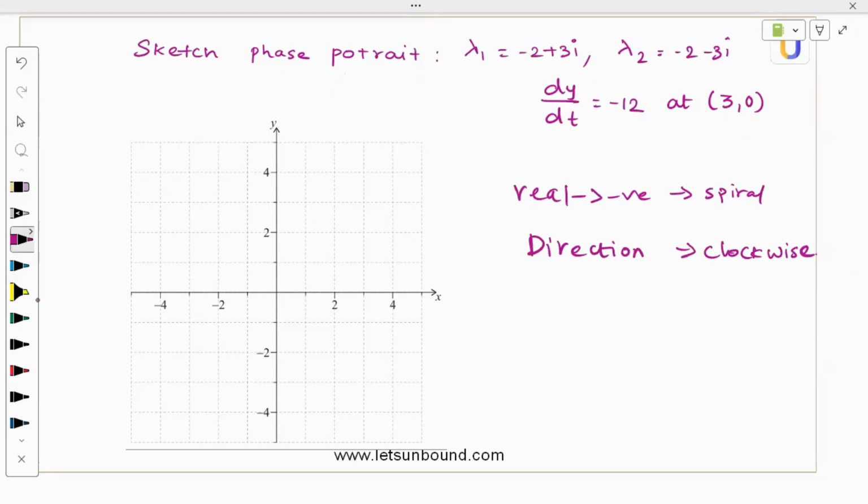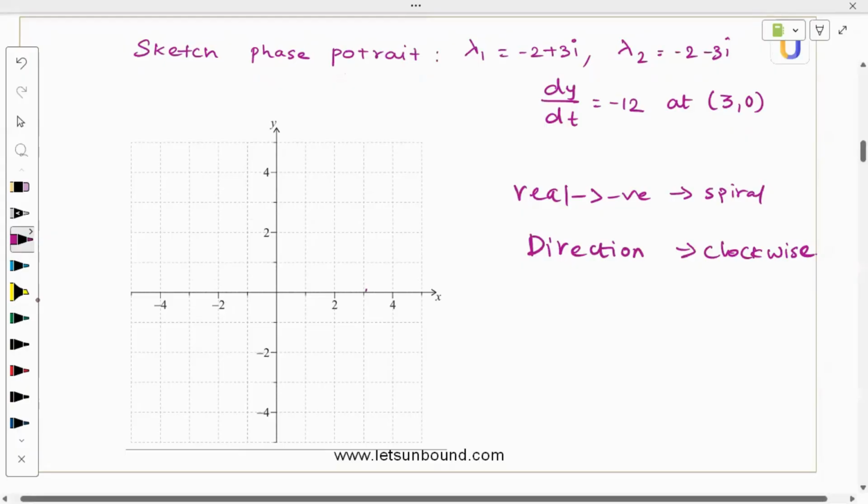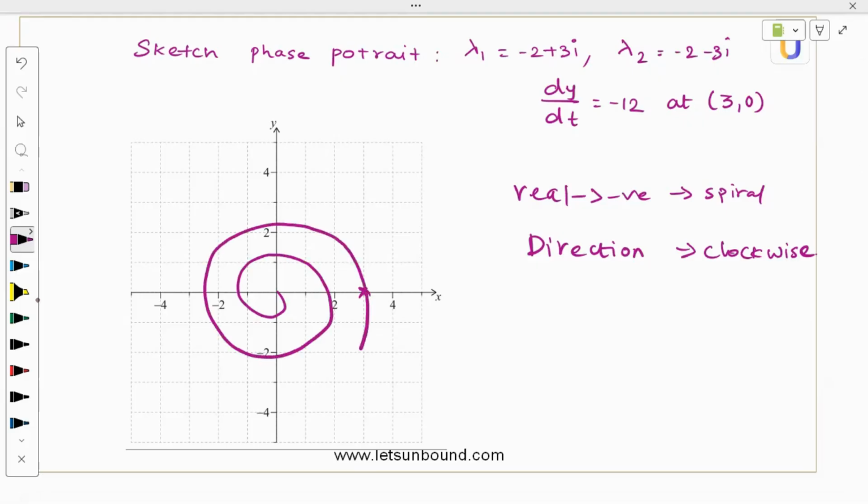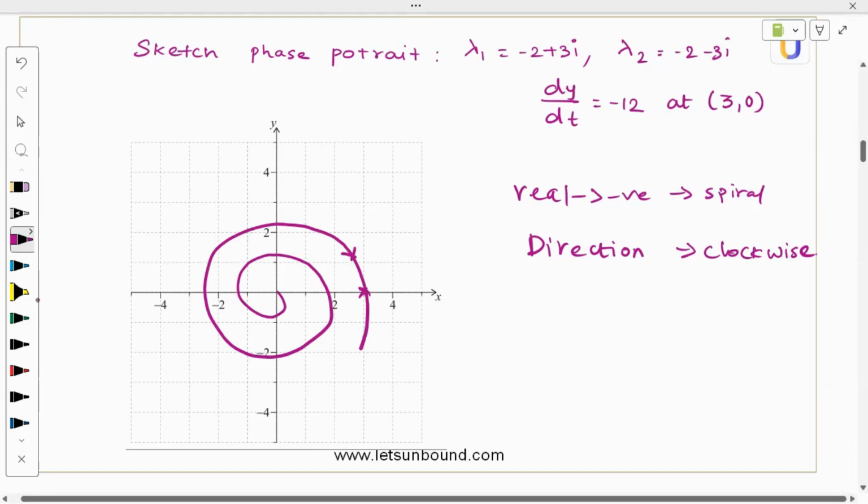At least it is expected the spiral should cross the x-axis twice and 3, 0 is a must. It should cross. Let's mark it. From the origin, if I just make it like this, in the clockwise direction, as we have mentioned. Okay, the spiral means not in one direction. Clockwise, we can make it this way also.